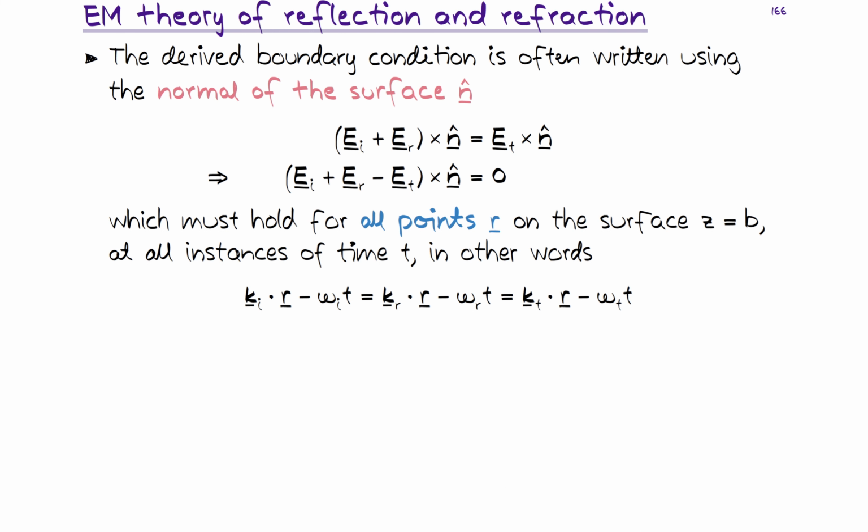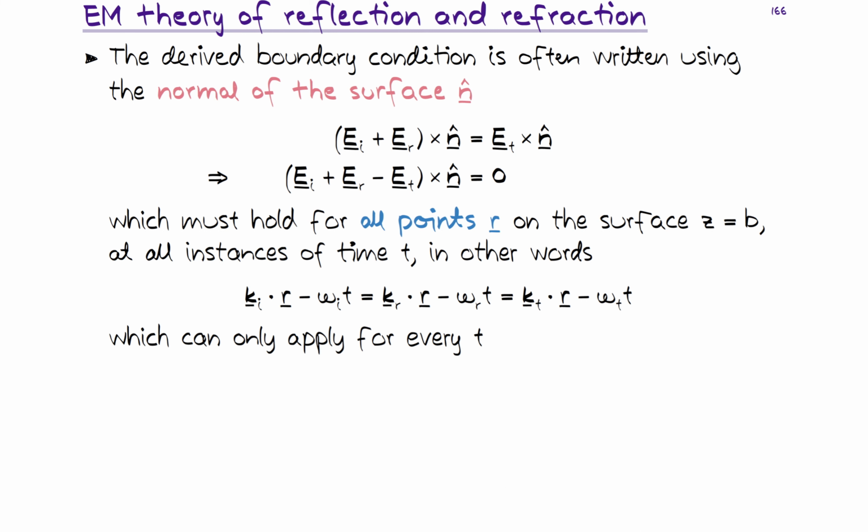So we are left with a quite stringent condition for the incident field, the reflected field and the transmitted field, arising from the boundary conditions and the continuity equations. One way of saying it was that the tangential components of the electric field are continuous, and another way of looking at it is this, and then we are almost done in terms of derivation of the reflection and refraction laws.